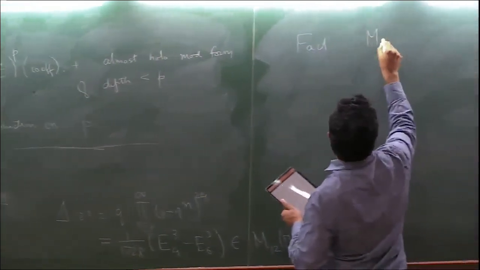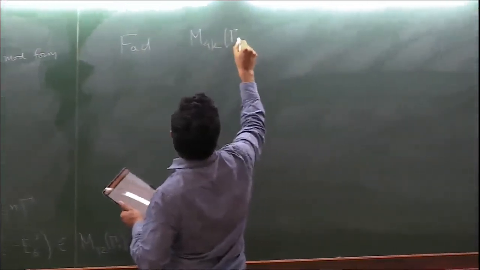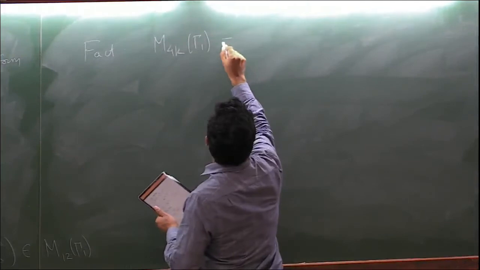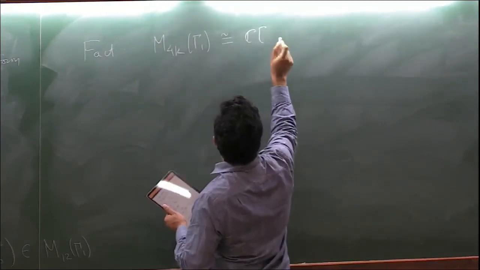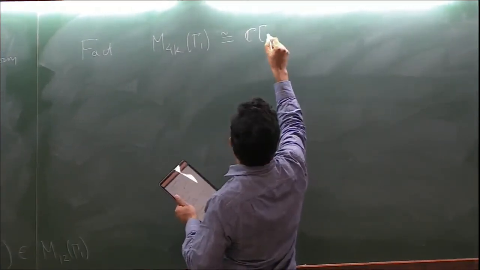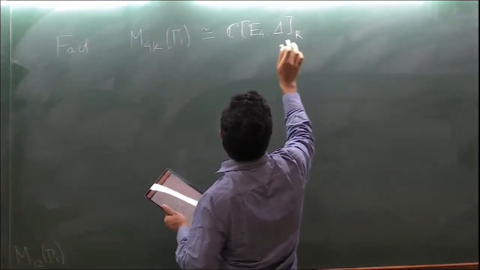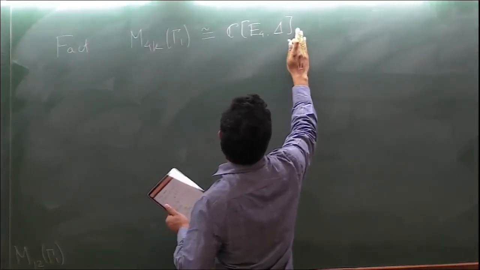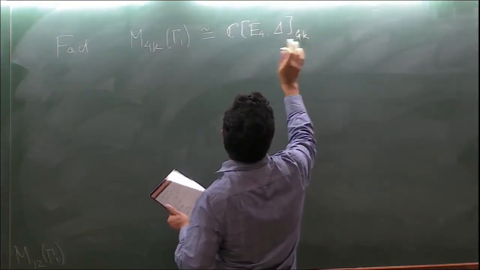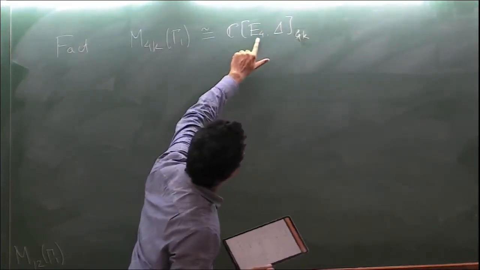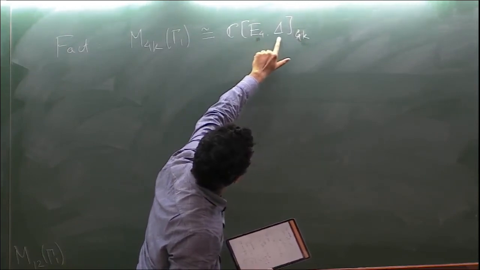If you take weight 4 times an integer, k, then this is the degree 4k part of this. So what you do is assign degree 4 to E4, and degree 12 to delta.